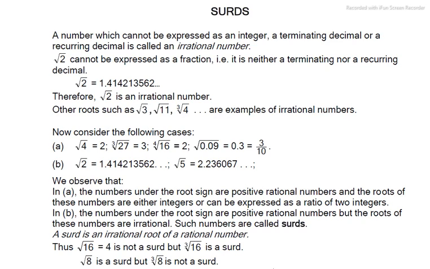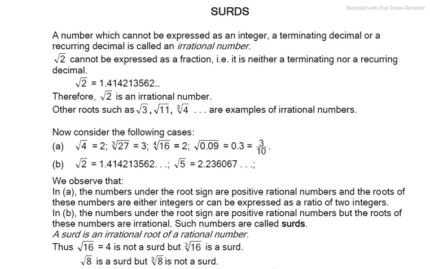And the roots of these numbers are either integers or can be expressed as a ratio of two integers. Then the numbers under the root are positive numbers, but the roots of these numbers are irrational. And now this is where the point comes from.